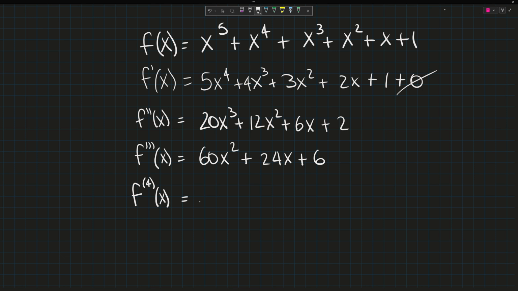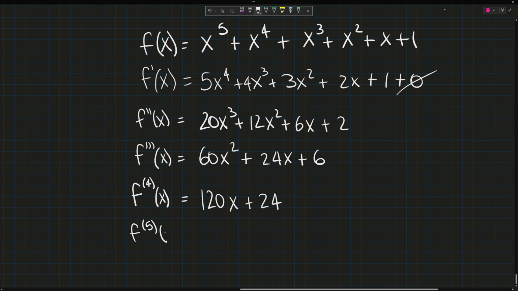That way, if it's the 99th derivative, all we have to do is write 99 and not put those things 99 times. That would be a nightmare. And the fifth one would be 120. Okay.